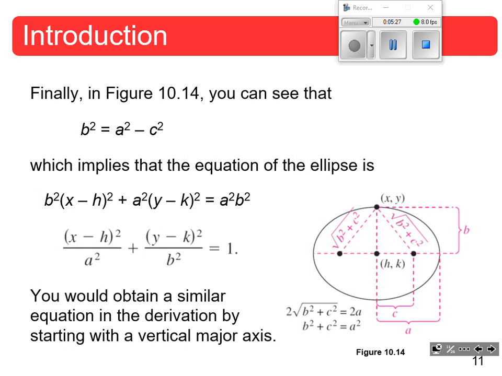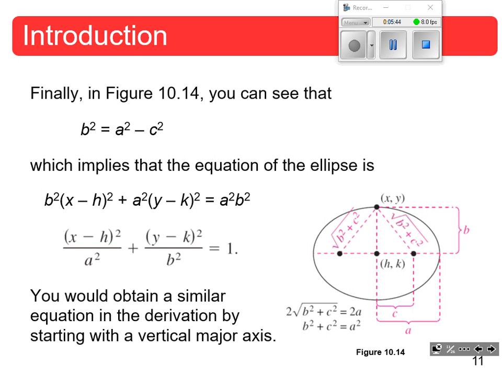So if the major axis was vertical, going straight up and down, not horizontal, A and B would be switched. So we're looking at one like that.